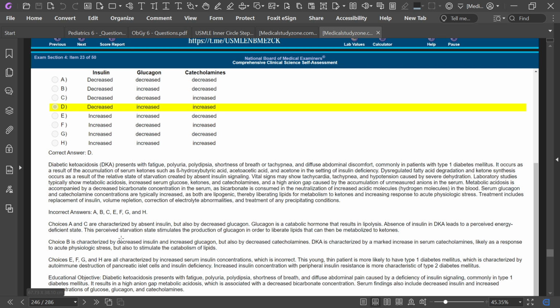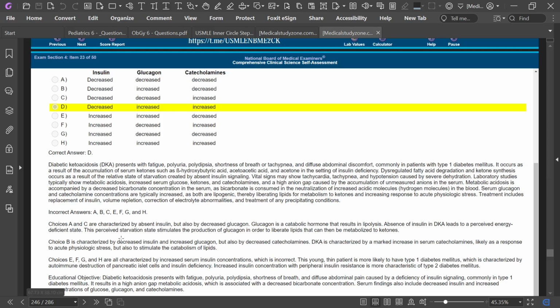If we go through DKA and HHS, HHS has a high glucose level. In DKA the glucose level would be about 250 to 500.